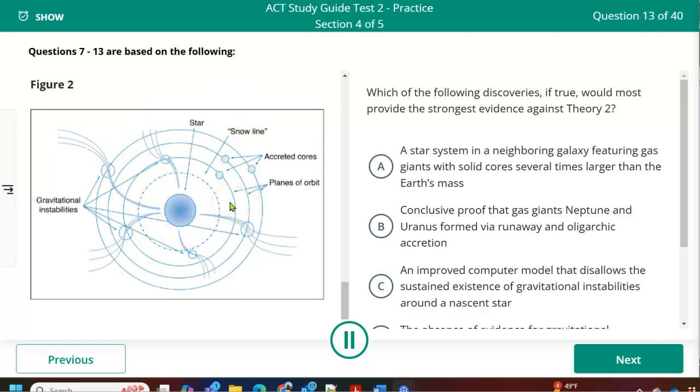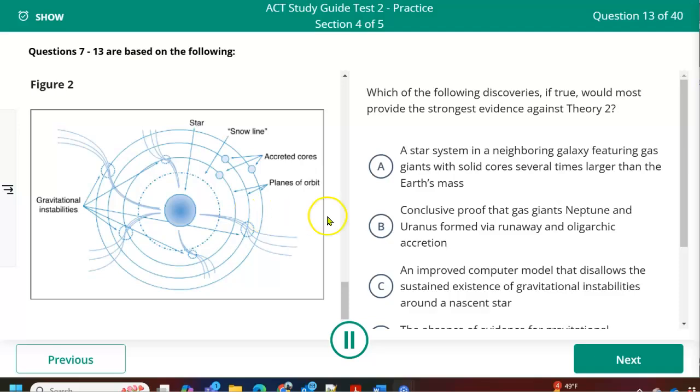So no. Conclusive proof that gas giants Neptune and Uranus formed via runaway and oligarchic accretion. It's not bad. I mean, it doesn't account for Saturn and Jupiter, but it would be evidence against the theory. It's the strongest evidence so far.